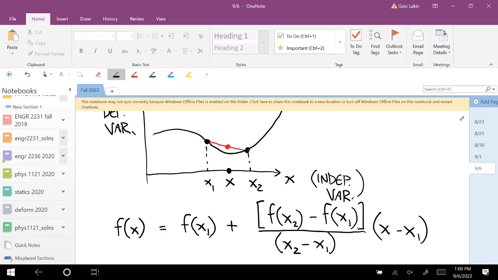So this is just the formula for that over there. We start with the value of the function at x1. Then we assume that in between x1 and x2, the line has this slope. And then we go along that line the distance from x1 to our desired x. Okay. So that's a linear interpolation.